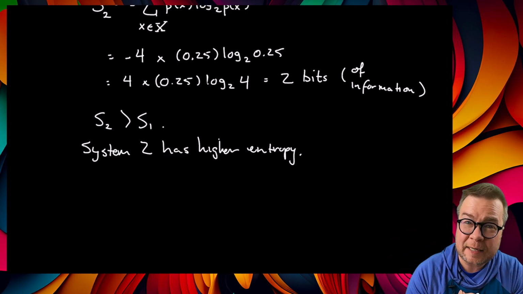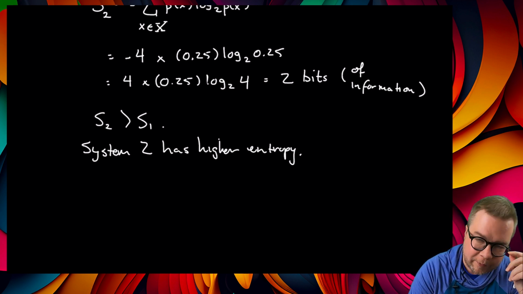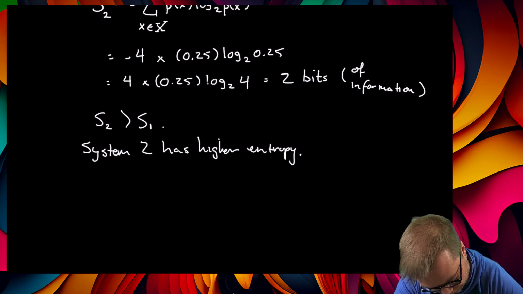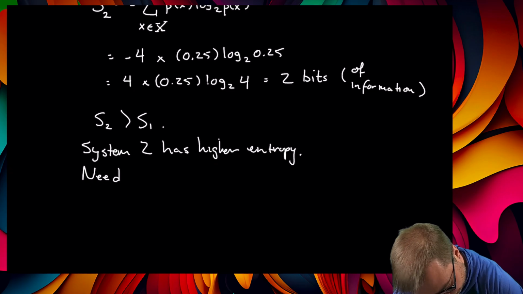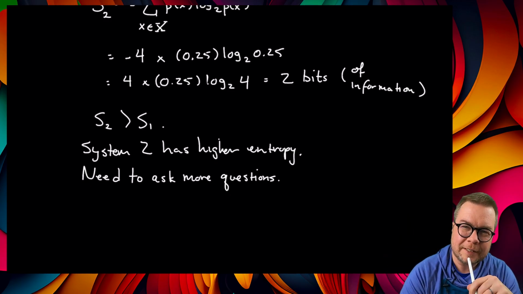In other words, we need to ask more questions to figure out what the letter is. And so each question we ask is giving us a certain amount of information. So this is also kind of implying we need to ask more questions. And if we need to ask more questions, then what does that really mean?